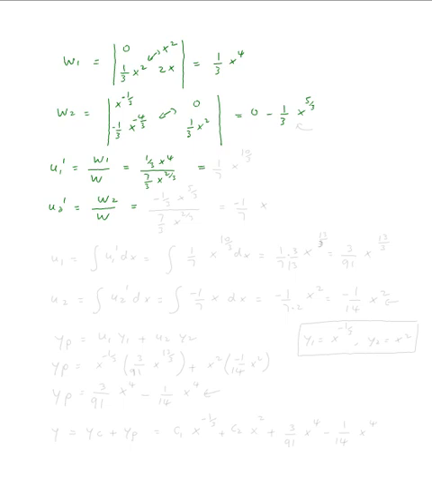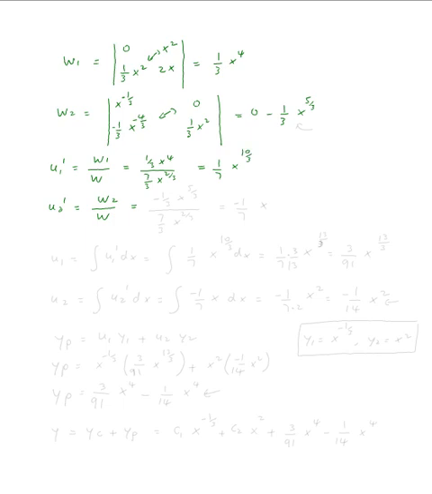So 1 over 3 divided by 7/3 will be 1 over 7, and then 4 minus 2/3 is 10 over 3.